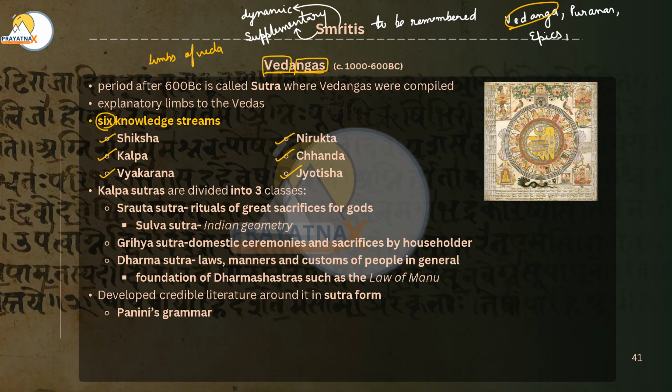Now, Shiksha basically deals with the study of sounds and their pronunciation. Whereas Chanda, on the other hand, dealt with the mastery of rhyme and meter.